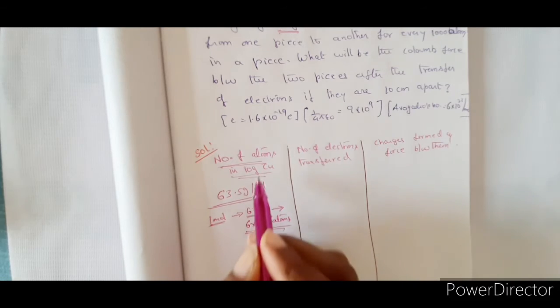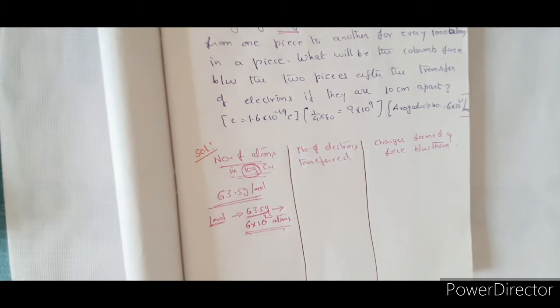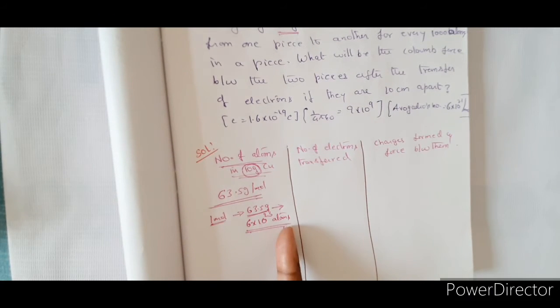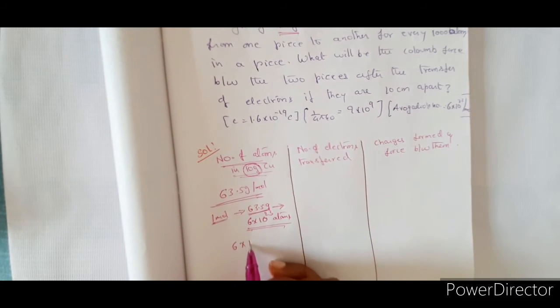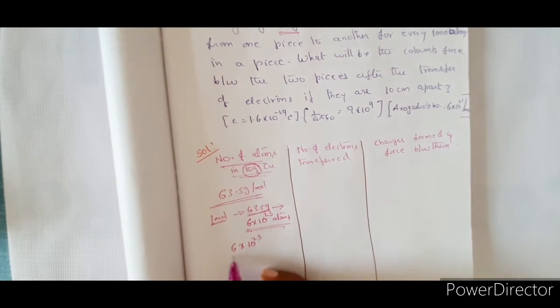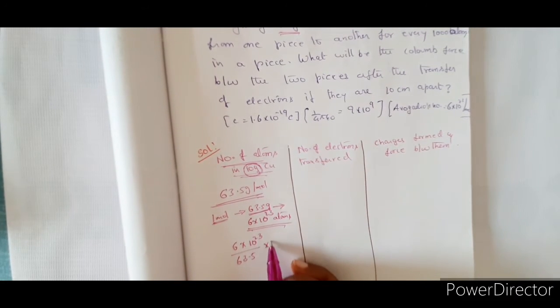Now the theme here is to find out for 10 grams. For 63.5 grams you have 6 into 10 to the power of 23 atoms, so in 10 grams you will have 6 into 10 to the power of 23 divided by 63.5, into 10.